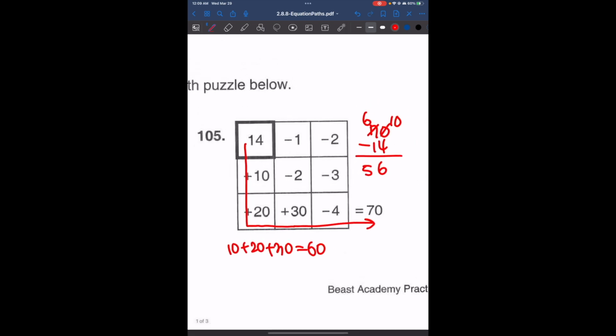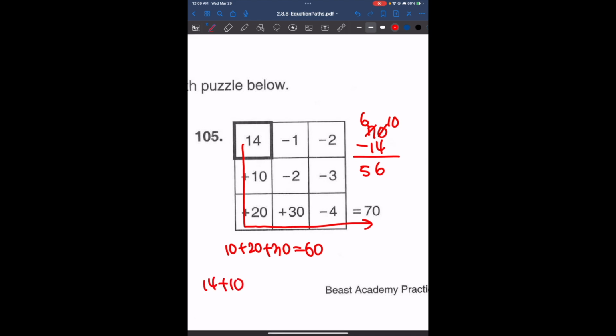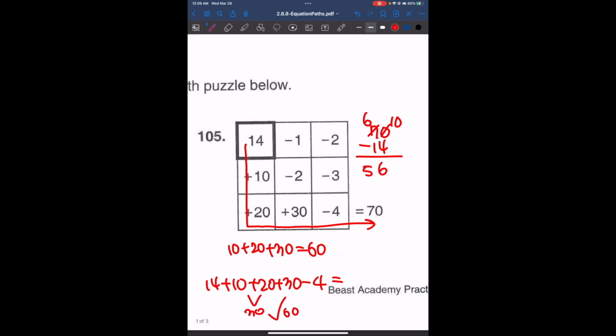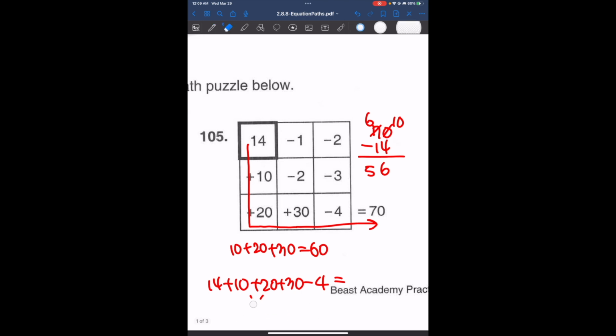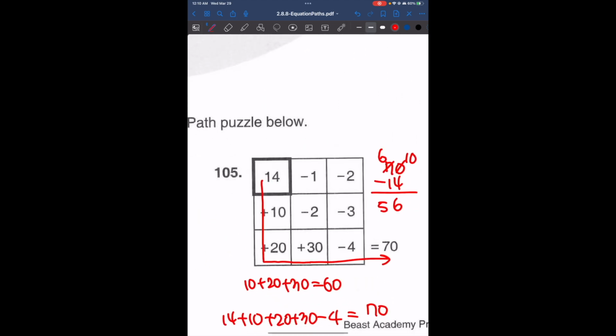Now let's double check. 14 plus 10 plus 20 plus 30 minus 4 equals, so 10 plus 20 is 30, 30 plus 30 is 60, and 14 plus 60 is 74, 74 minus 4 is 70, right? And so the path was this.